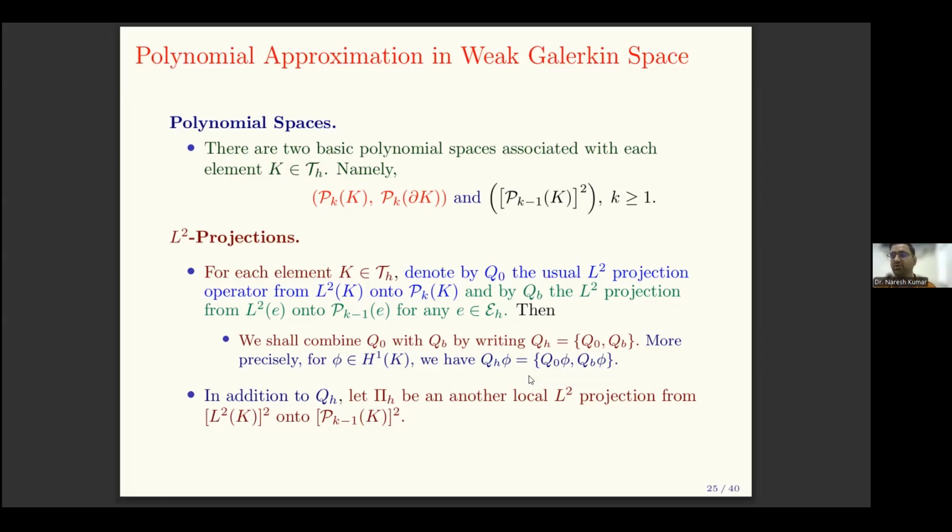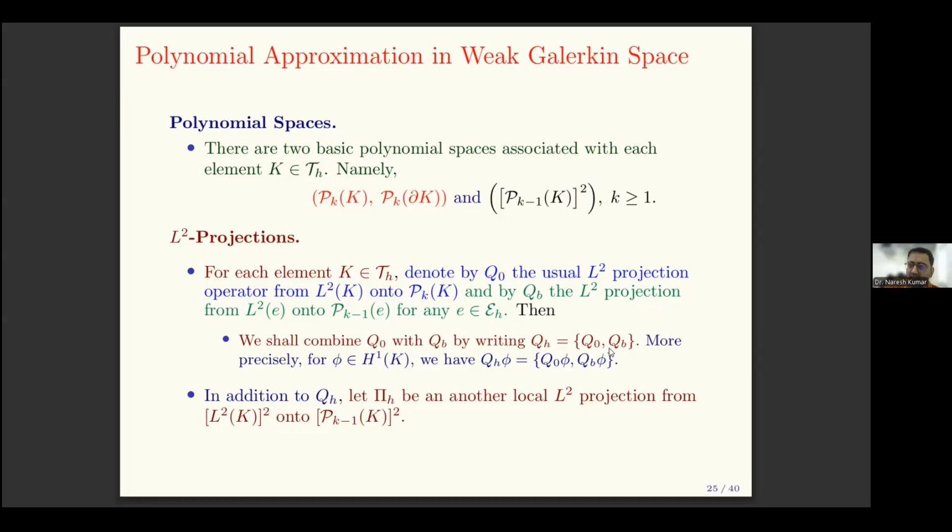Here I use the notation Q_0, the usual L2 projection from L2(K) interior to polynomials, and Q_b is the projection on the boundary. We can also combine both notations Q_0 and Q_b and call it Q_h.